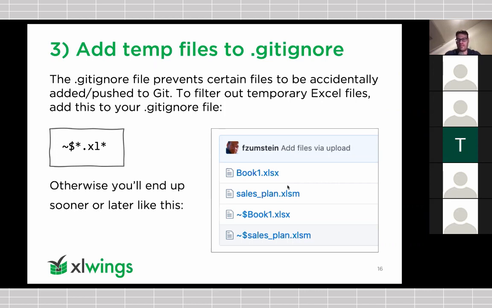It really happens as soon as you don't have that. If you don't pay close attention, you just do a quick git add, git push, you will definitely end up with temporary files on your Git instance. So very good advice. Use this path here, and that will make sure that all of the Excel temporary files are going to be ignored, and you will be fine there.